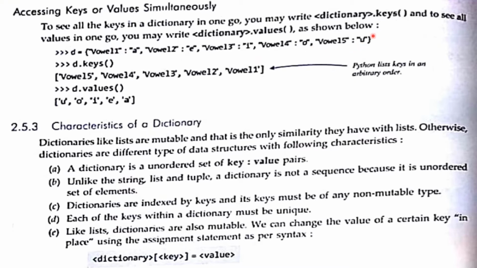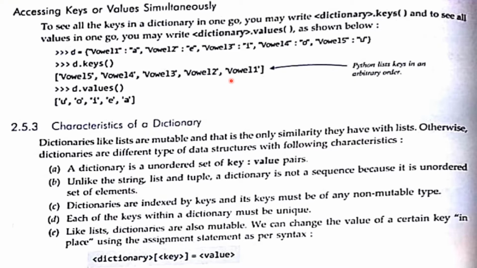So if you want to see only the keys, you can give the name of the dictionary, D.keys. This will display all the keys: vowel 5, 4, 3, 2 and 1. Here you can see that the keys are not in a proper order, not in ascending order, or the way you have given in the dictionary.